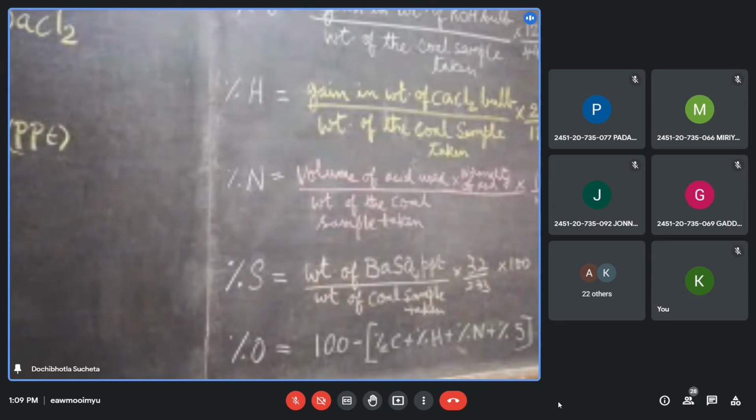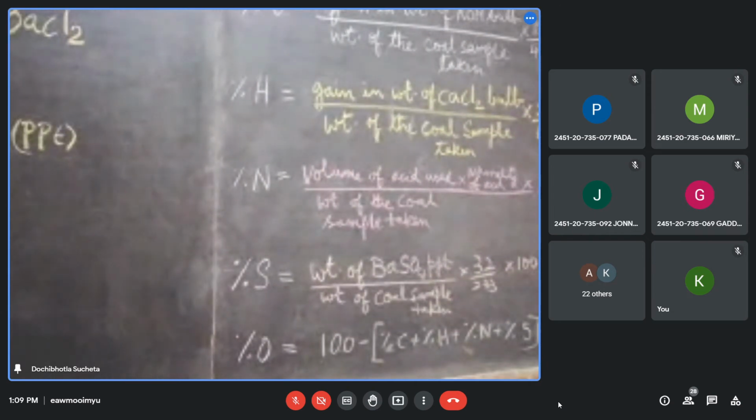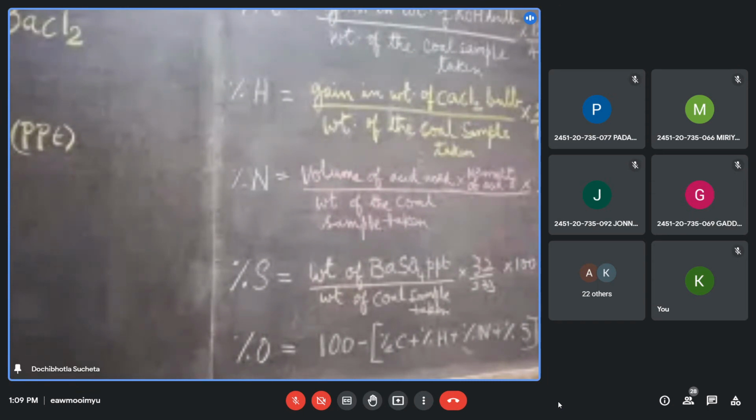The last but one is oxygen. What's your opinion? Does the presence of oxygen increase the calorific value? If your guess is yes, then you're wrong.